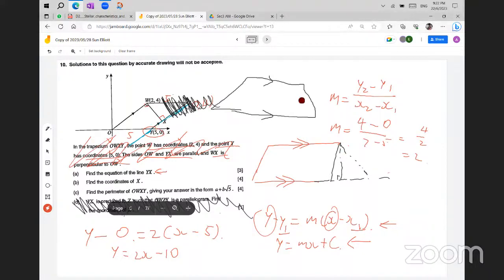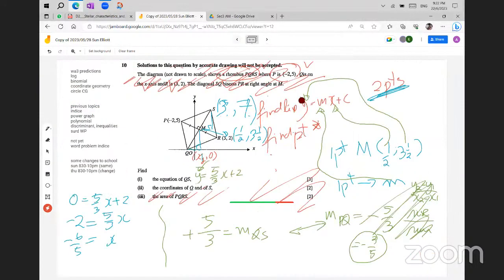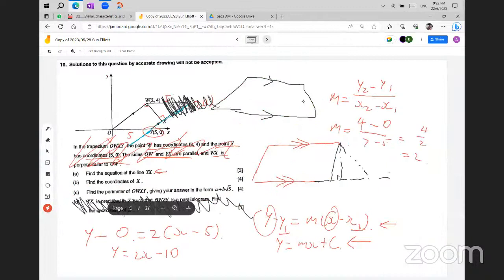Okay, so if you look at the previous question, look at the screen sharing. If this gradient is 2, remember we flip the fraction and we flip the sign. So please do that for me, Elliot.